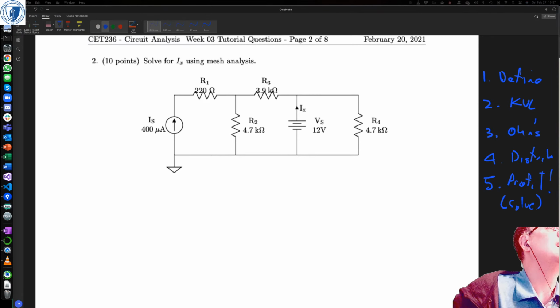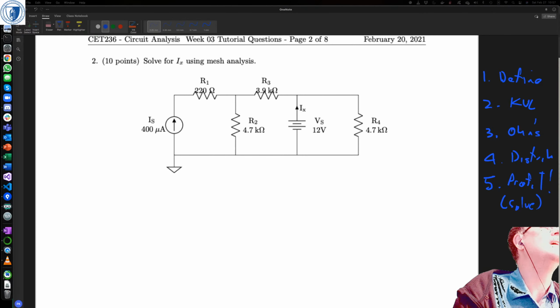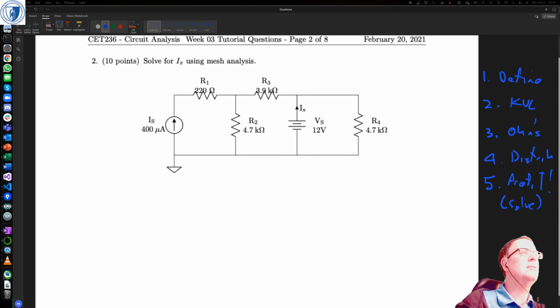So, second group was Christian, David, Drew, Giovanni, Mehul Kumar, and Ryan. Does any one of you guys have an approach? At least write down define the mesh equations or the mesh currents.